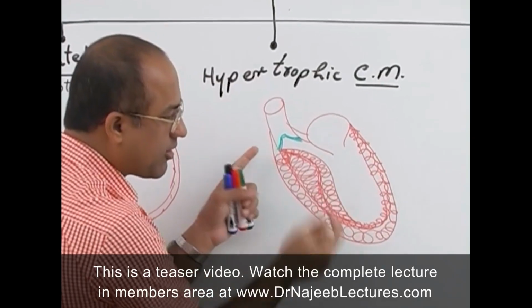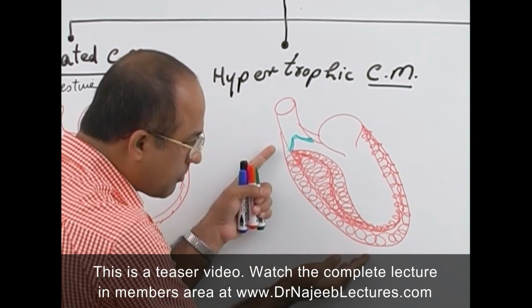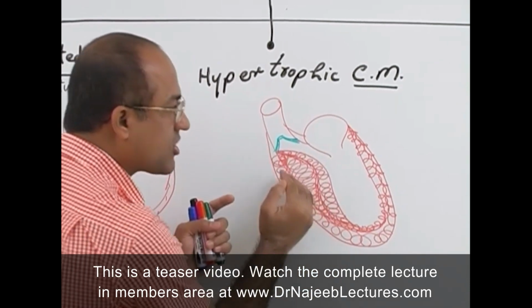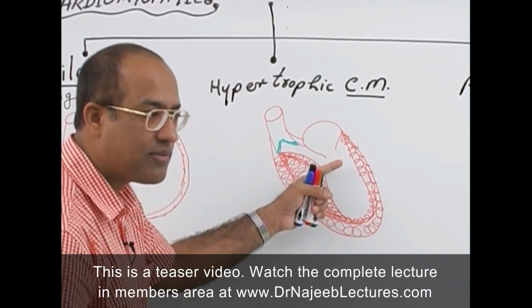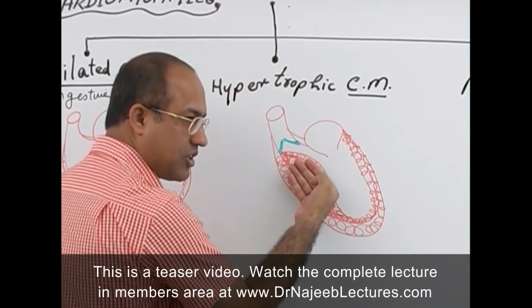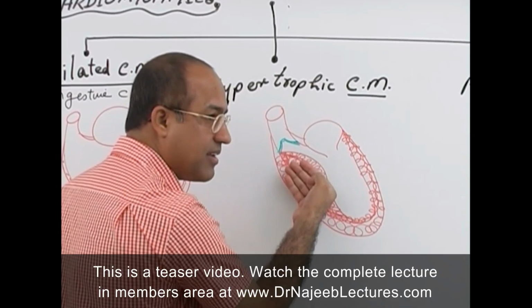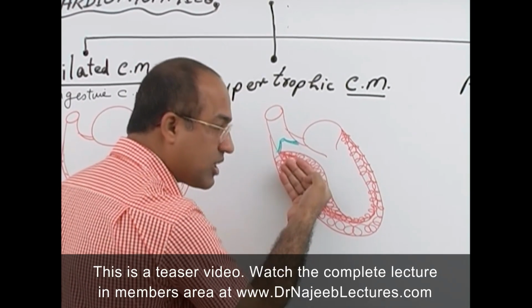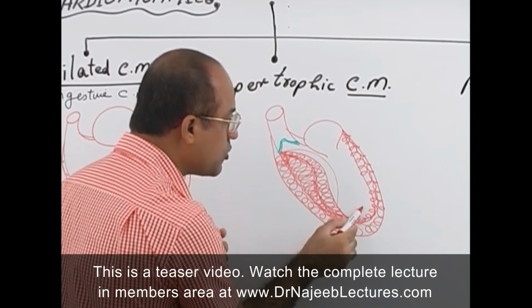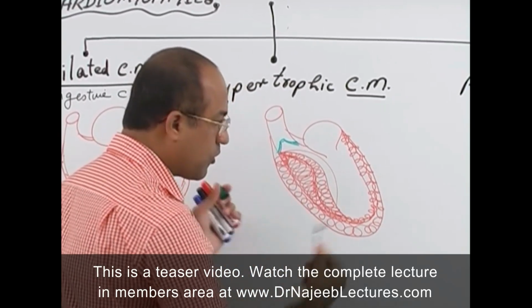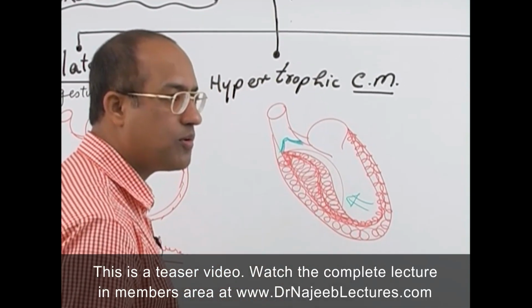Whenever the ventricle contracts, the septum becomes shorter, and when the septum becomes shorter, this obstruction bulges into the cavity. During every systole, especially in 30-40% of these patients, this obstruction dynamically bulges into the cavity during contraction. And when it bulges further into the cavity, it will produce an obstruction to the outflow, right?